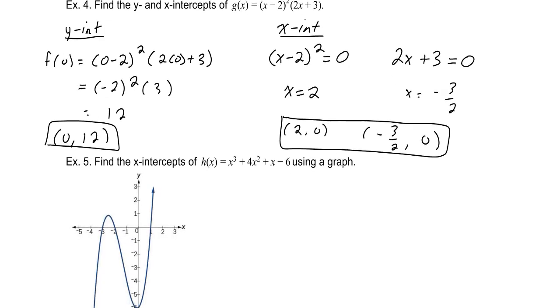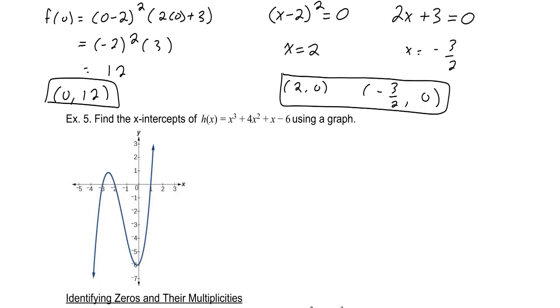Find the x-intercepts of h of x equals x cubed plus 4x squared plus x minus 6 using a graph. And I've gone ahead and placed a graph here. And by inspection, it looks like our solutions are negative 3, negative 2, and 1. So let's verify that. Let's take h of negative 3.